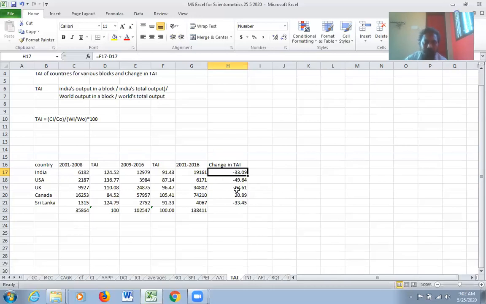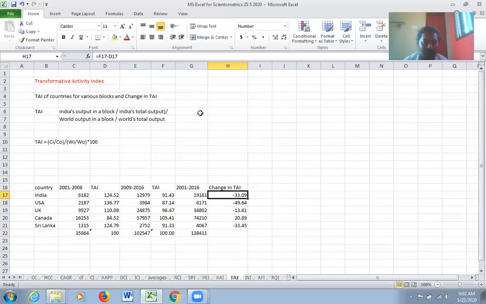That means you are comparing the relative research efforts of countries in different blocks. As far as India is concerned, we could see relatively lesser efforts in the second part of the block. That is what the transformative activity index is all about. Both TAI and AI are the same. Only thing is TAI is calculated for the blocks, and you calculate the change across blocks. Fine. You can calculate for 3 blocks, 4 blocks also, depending on the nature of your data.